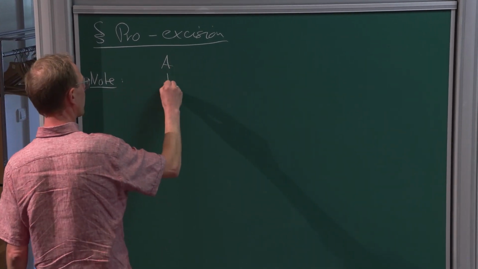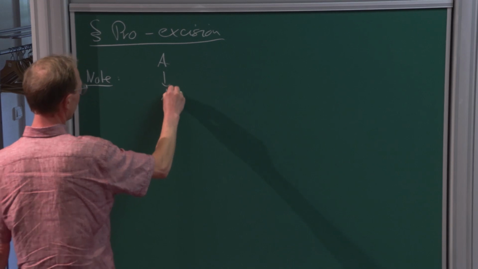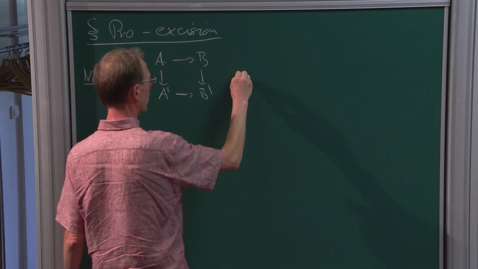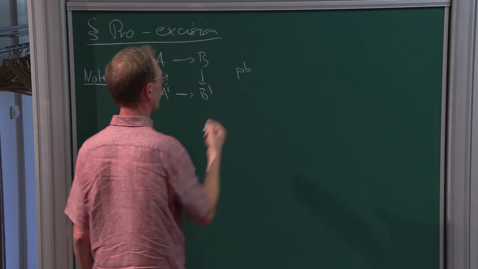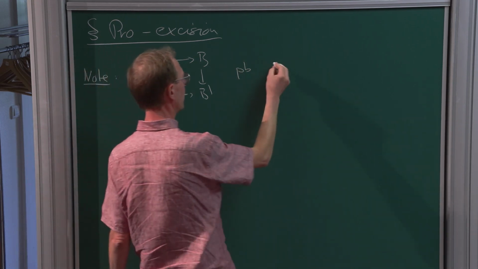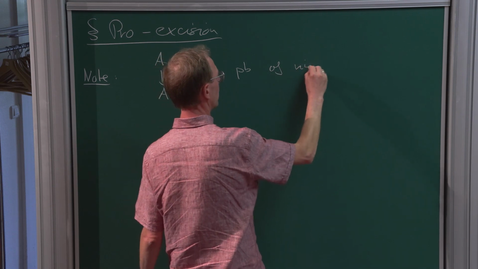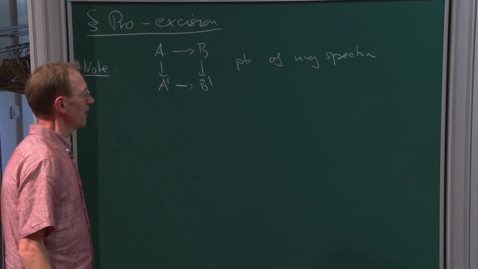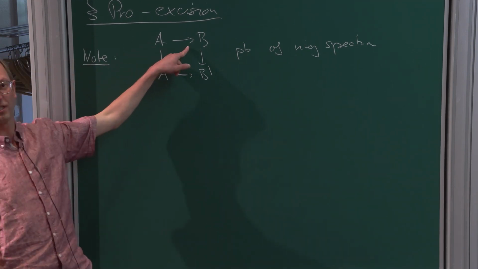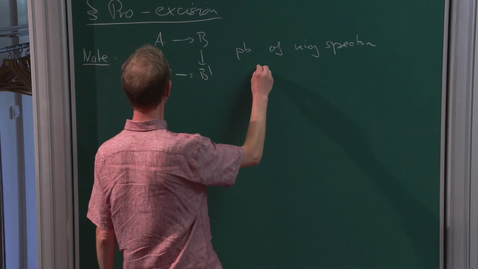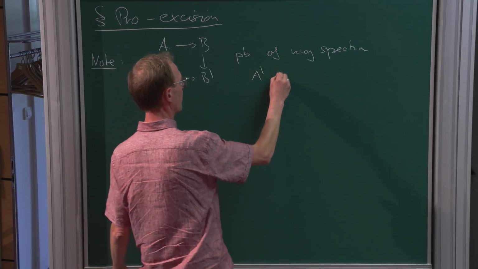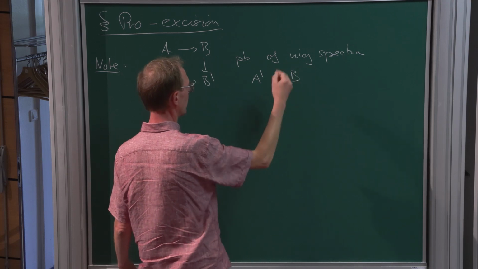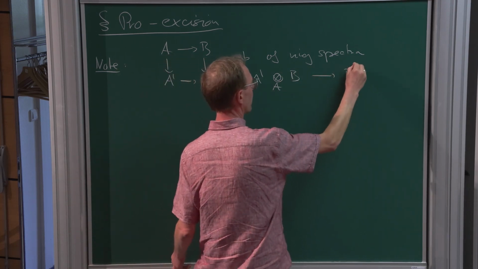If you have such a square that we considered yesterday, A prime, B prime, which is a pullback of ring spectra, and you know that this is Tor independent in the sense that if you form the derived tensor product, A prime tensored over A with B, then you have a canonical map to B prime.